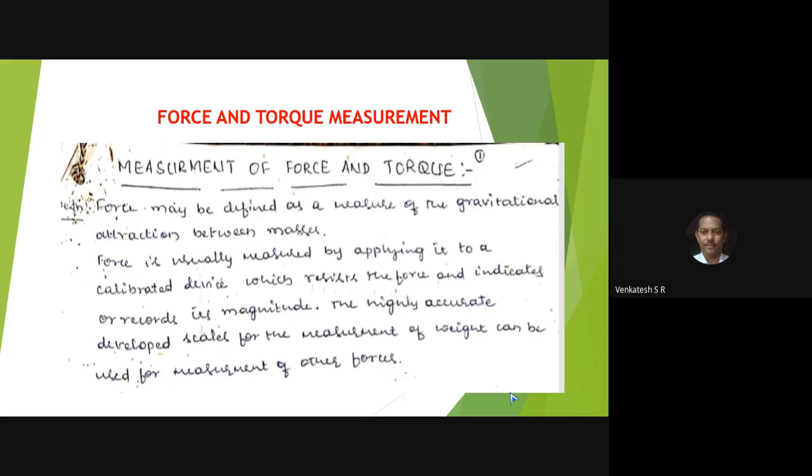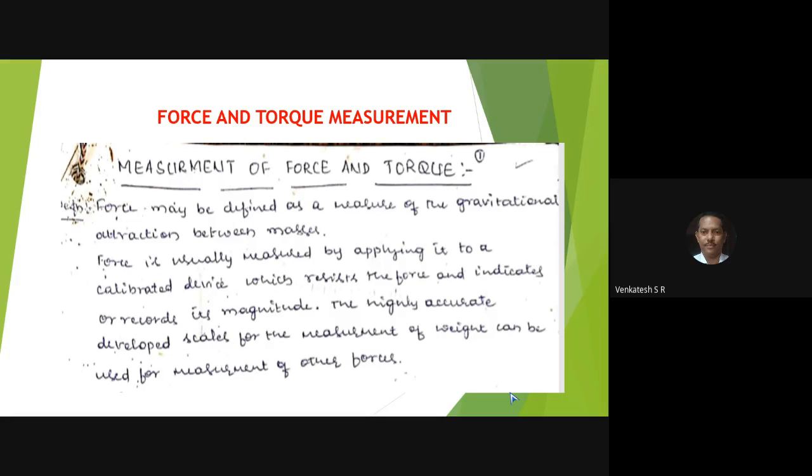Calibrated devices are the digital weighing machine, analytical balance, or platform scale. All of you have seen in mandi or wholesale shops, they use the scale for weighing 20 kgs of rice, 50 kgs of rice, or 100 kgs of grains using a platform scale. In that scale, the measurement is done by the beam balance mechanism.